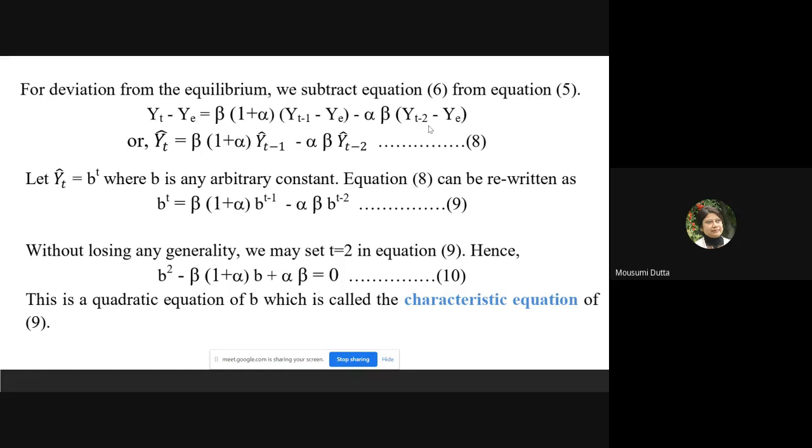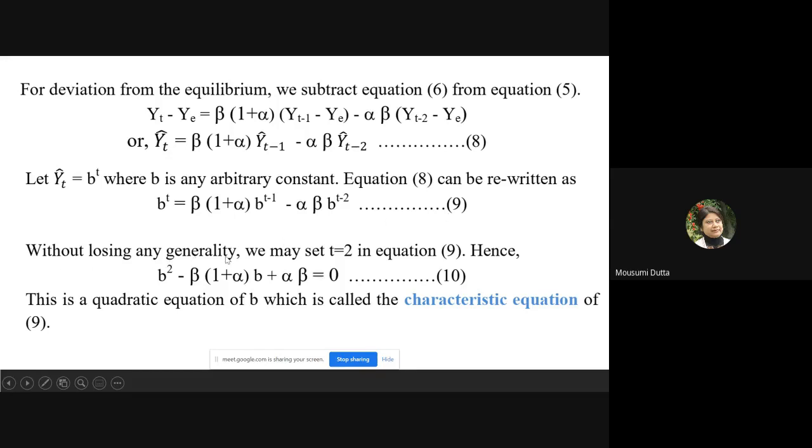And to find the characteristic equation, we set YT hat equal to B to the power T, where B is any arbitrary constant. So YT hat, YT minus 1 hat, YT minus 2 hat will be replaced by the corresponding B to the power T, B to the power T minus 1 and B to the power T minus 2. And we are getting equation number 9.